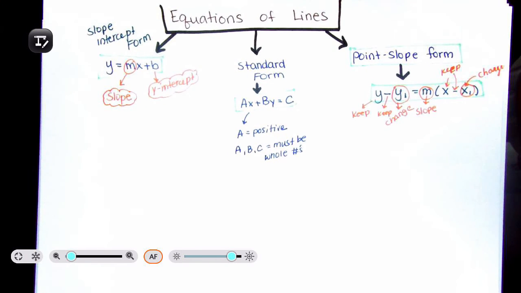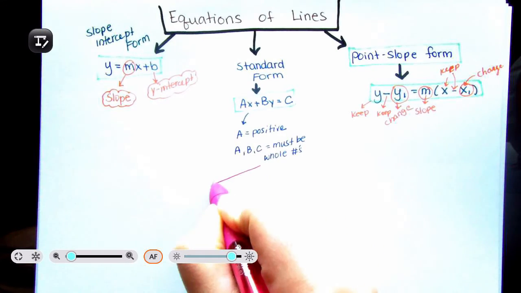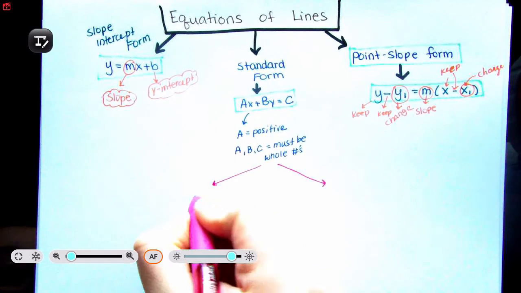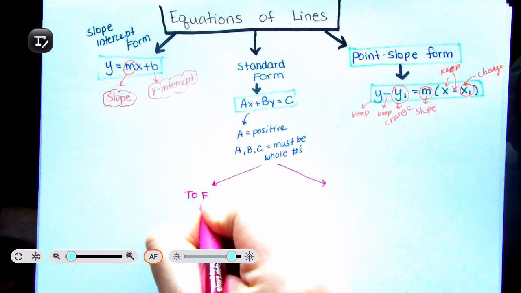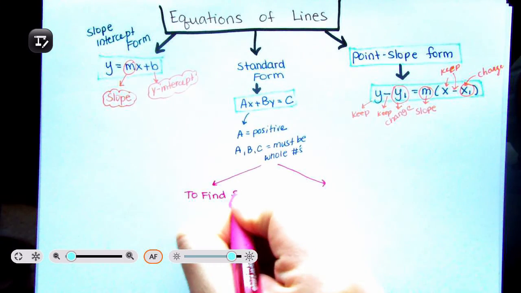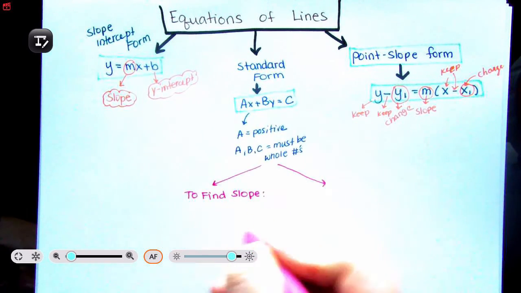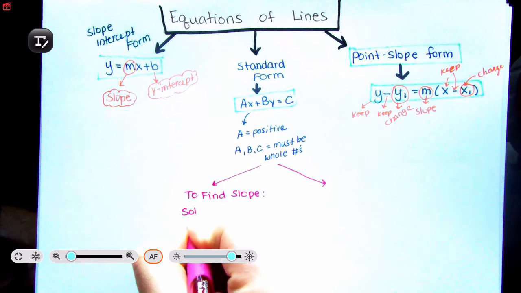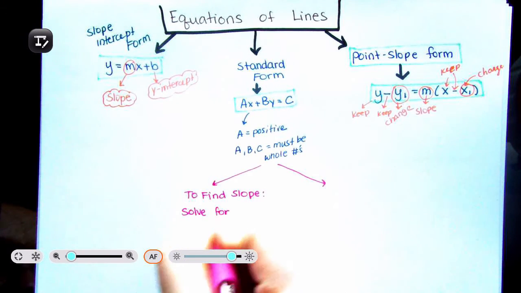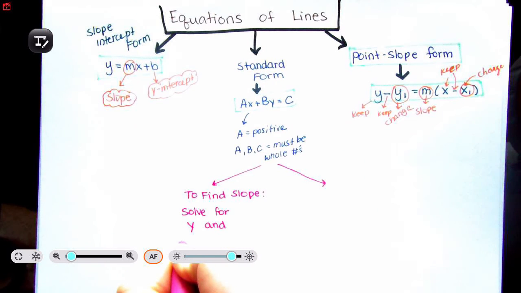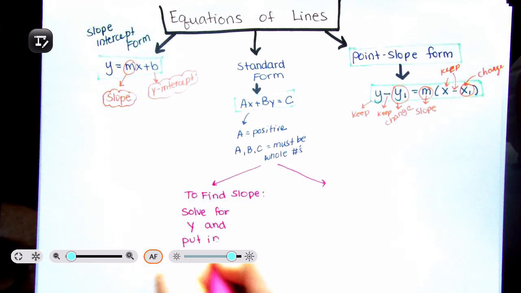You have two options in standard form. To find slope, you can solve for y and put in slope intercept form.